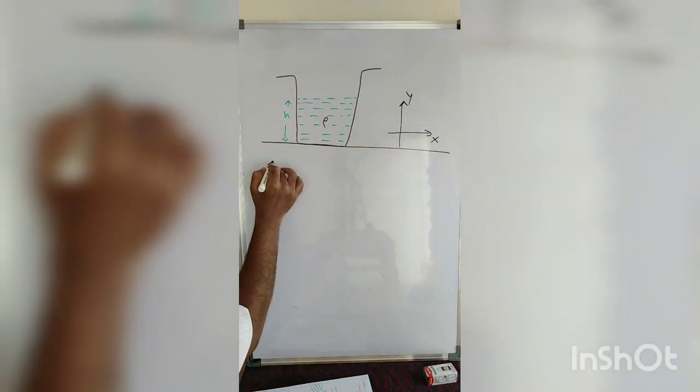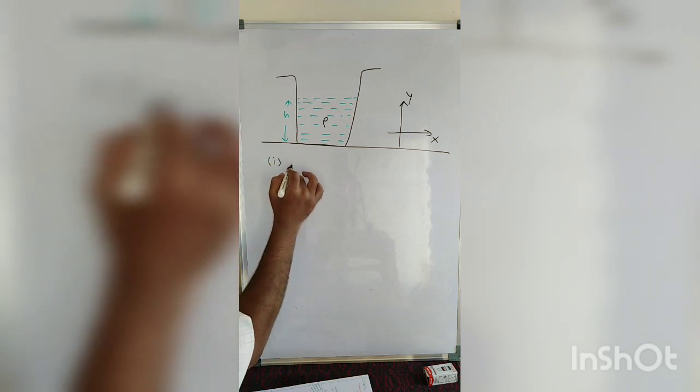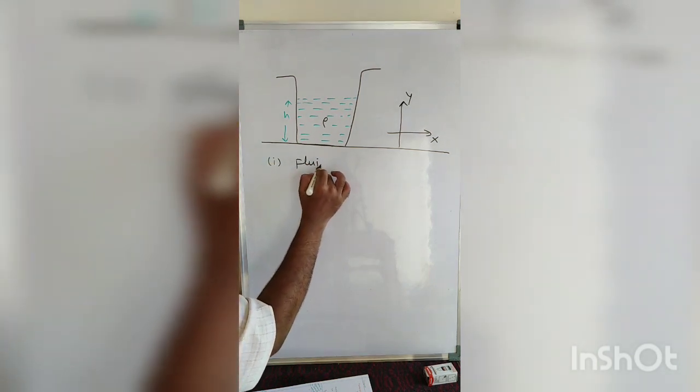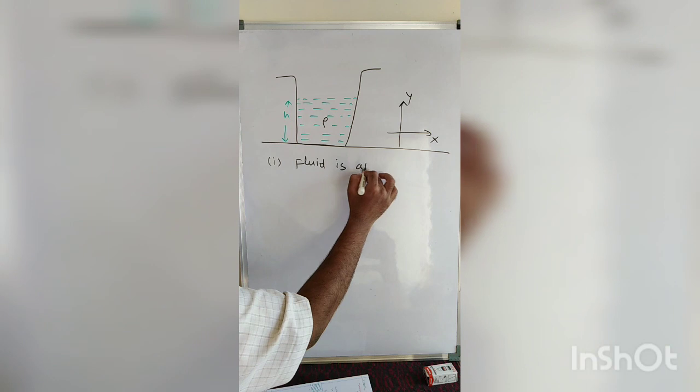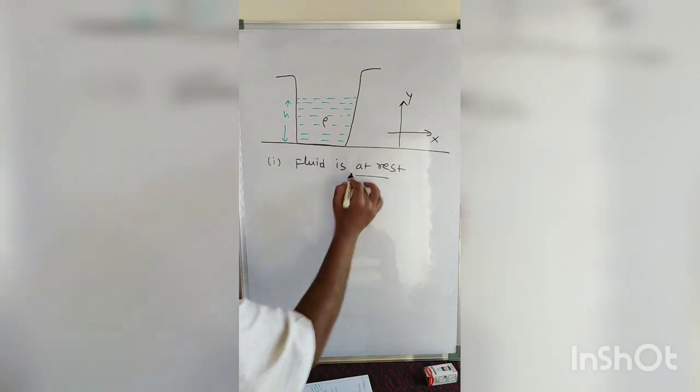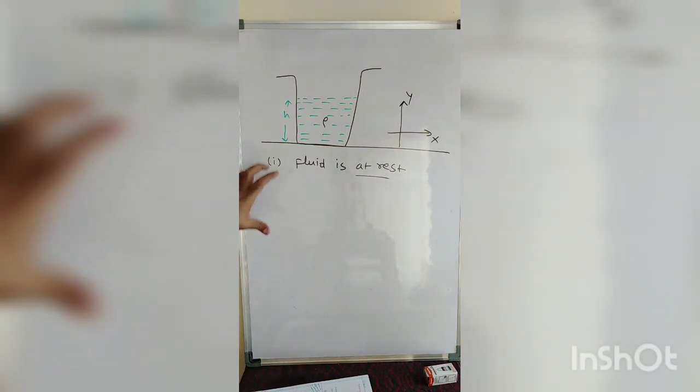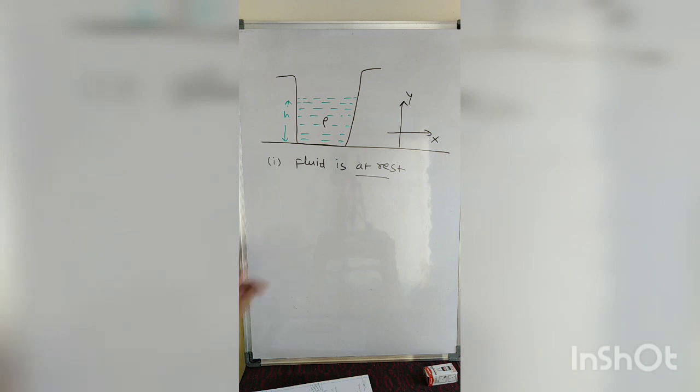Now let us see case 1. Let us take the fluid at rest. See carefully, when the fluid is at rest, what changes can you see? Along the x-axis, the same height is there, so you can choose any 2 points in the same horizontal direction.